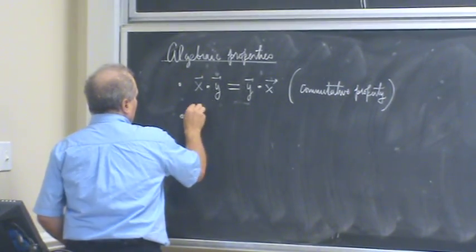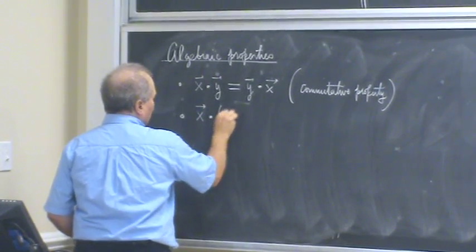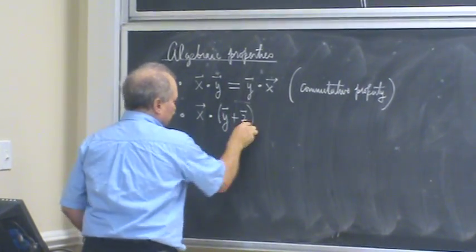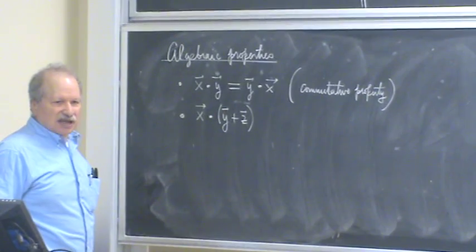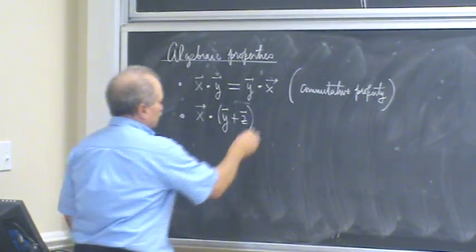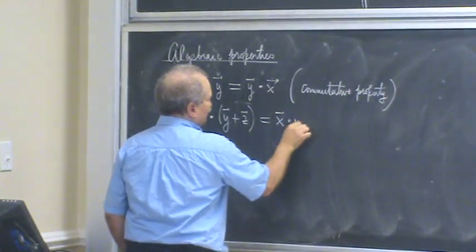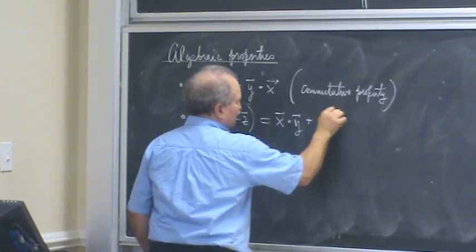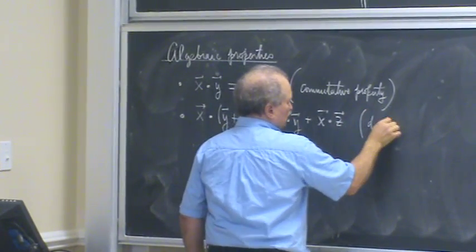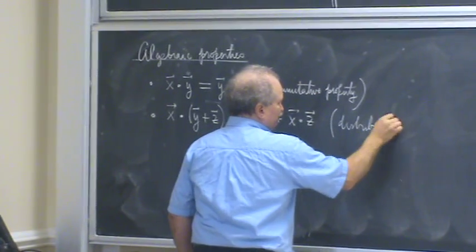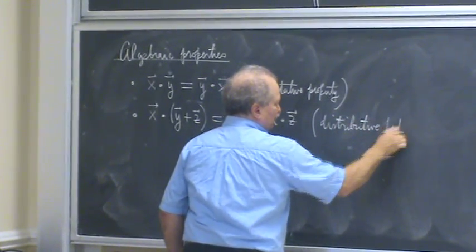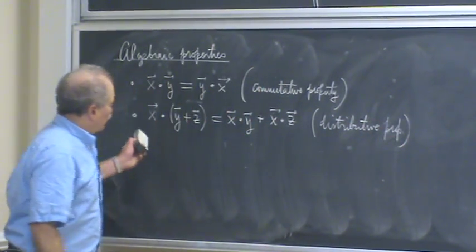If I take x and I dot it with a sum of 2 vectors, you're saying it should distribute. Distributive property. Okay, why is that true?